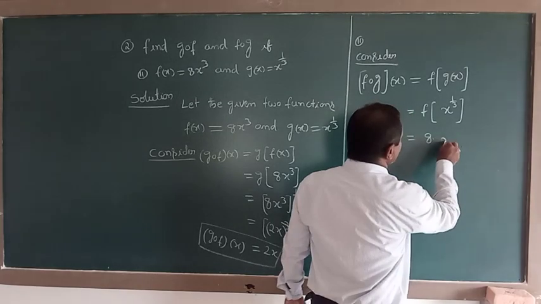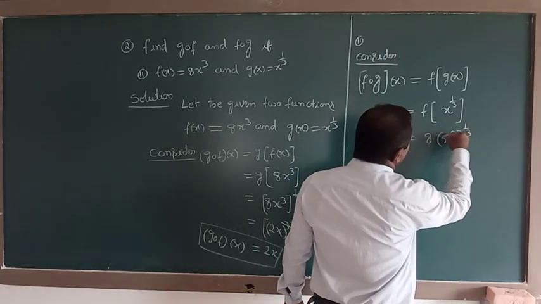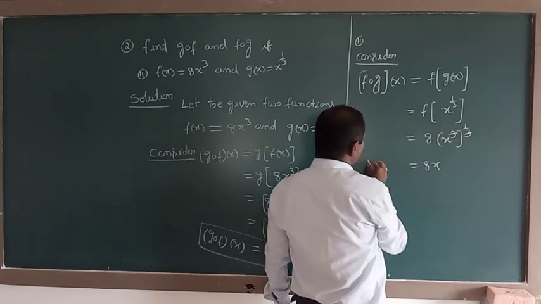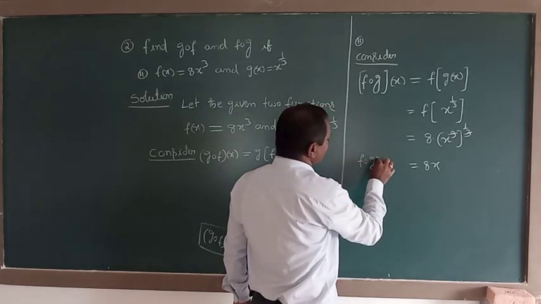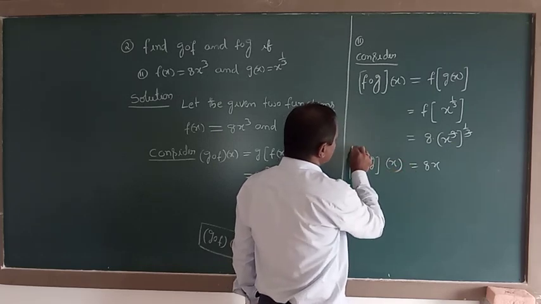Now the 3 gets cancelled, and the answer is 8x. So f circle g of x is equal to 8x.